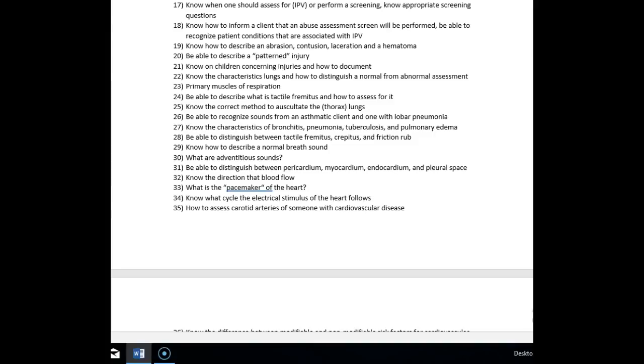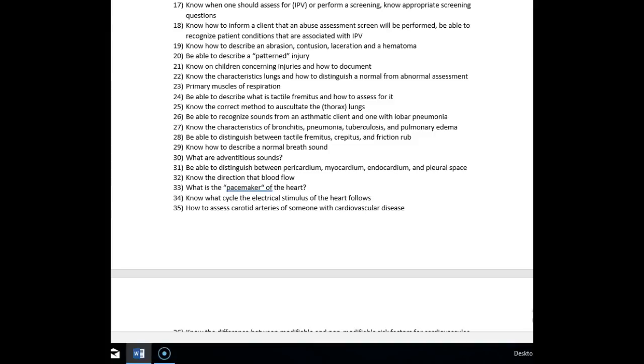So the next question: abrasion, contusion, laceration, and hematoma. I do want you to know when you see those types of injuries and be able to correctly say what those injuries are. For instance, the word laceration is a tearing or splitting of body tissue. It is usually caused by something like a knife.